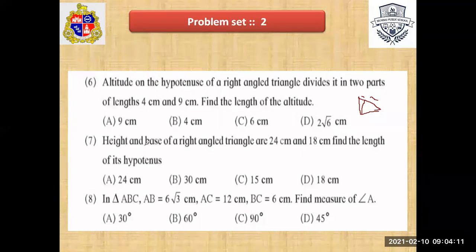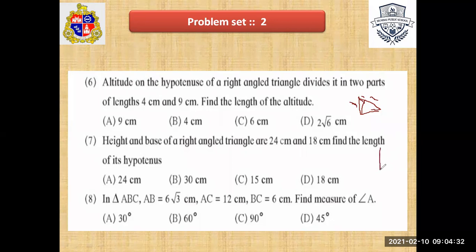Okay. Next question. Height and base of a right angle triangle are 24 and 18 centimeter. Again, we draw a right angle triangle. This one is the height and this one is the base. Height and base are given. You have to find the value of the hypotenuse.